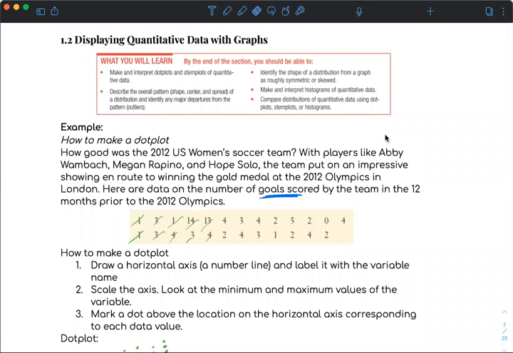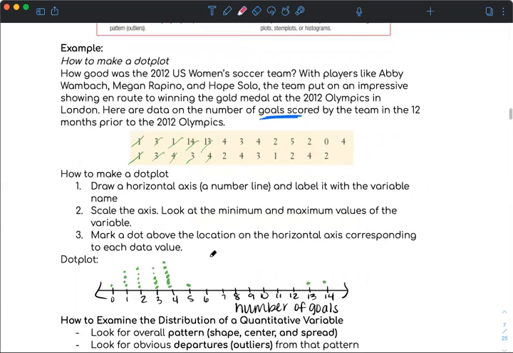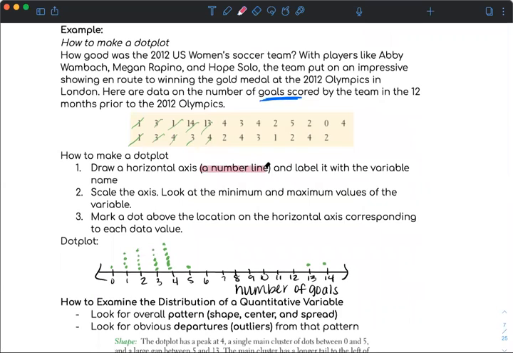I'll let you read this example, and essentially this data here represents the number of goals scored by the women's soccer team in the 12 months prior to the 2012 Olympics. So to make a dot plot, the first thing we want to do is draw a number line or horizontal axis. We want to label it with the variable that we're talking about. So number of goals is my label.